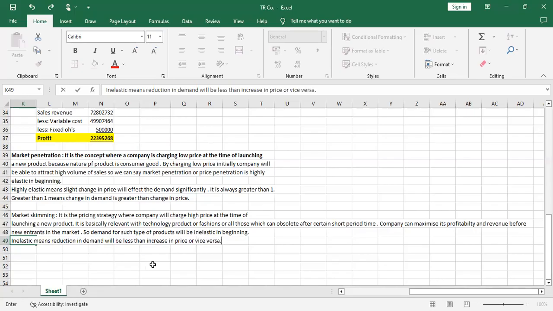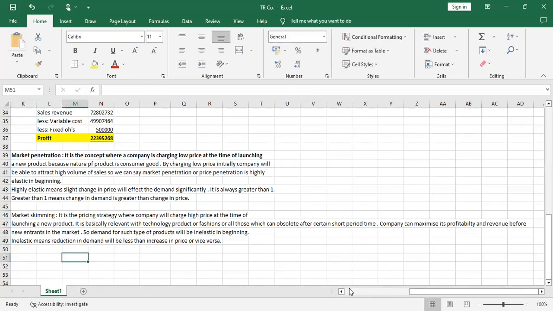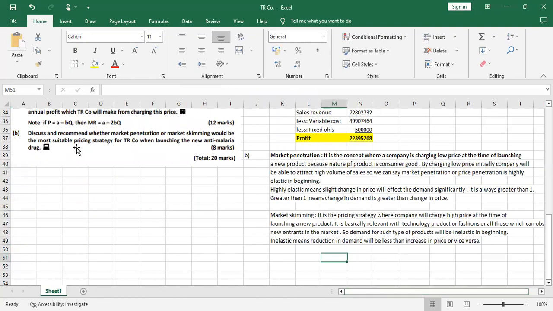Normally, we say that if you will increase the price, you have to face the decrease in demand. But in the price skimming or market skimming, this theory does not work in the similar way. In fact, you will not face the reduction in demand if there is increase in price. So this is called what? This is called inelastic.